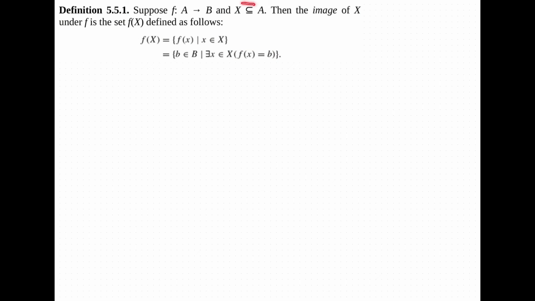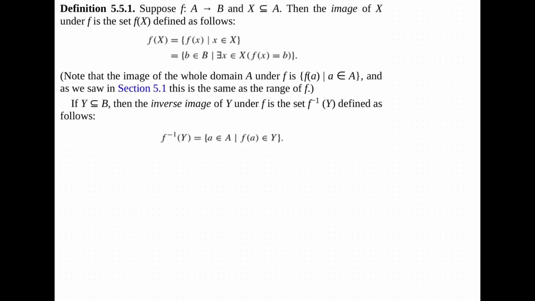In our definition, X is any subset of A. So in the special case when X is the whole set A, f of A, the image of A under f, is exactly the range of f. And so that's our first definition.